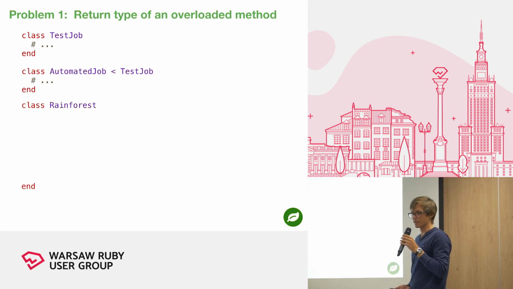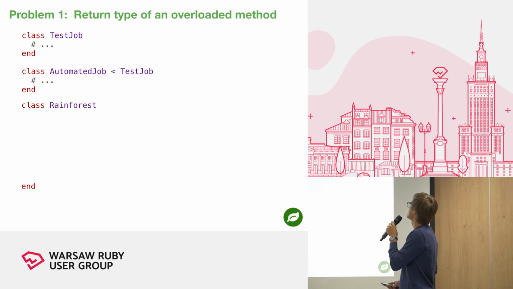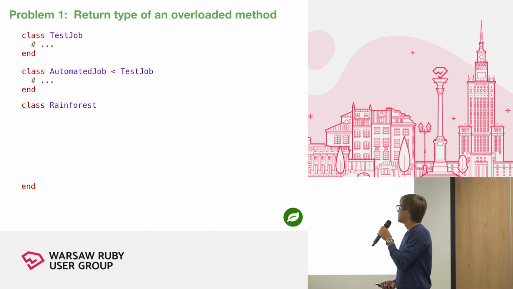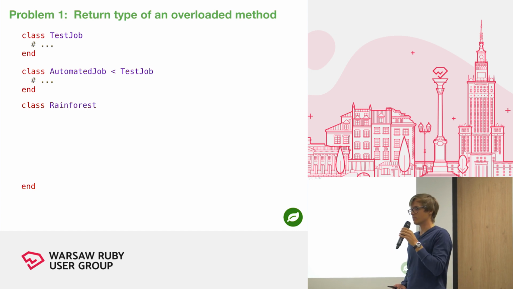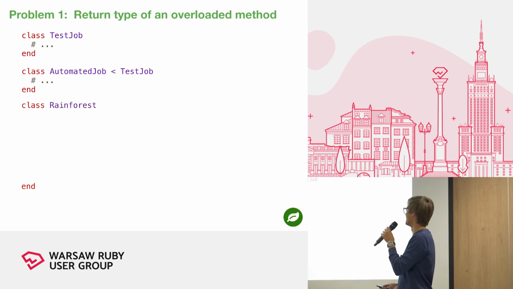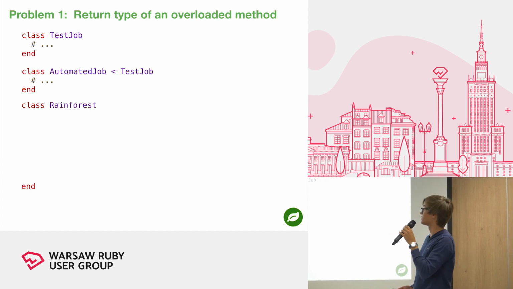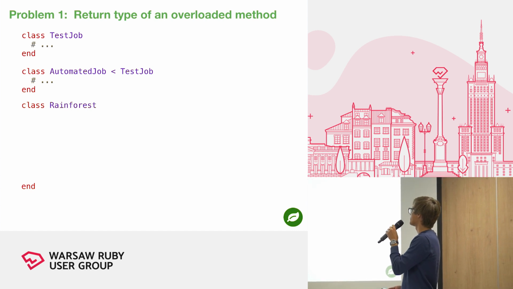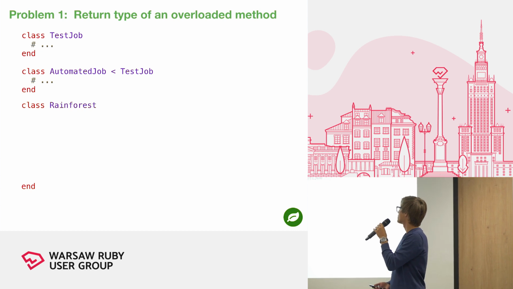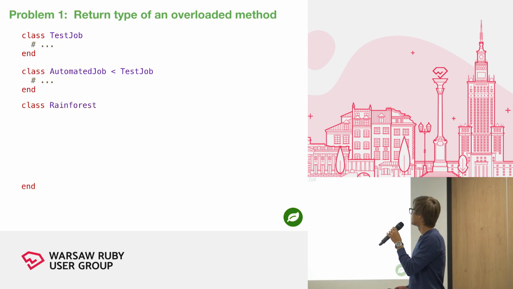So let's look at the first example of an overloaded method return type. Let's say we have a mini Rainforest QA. By the way, that's the company I currently work for. It's a QA company that runs tests, and that's all we have to know for this example. There is a rainforest class, there is a test job class, and an automated job class.